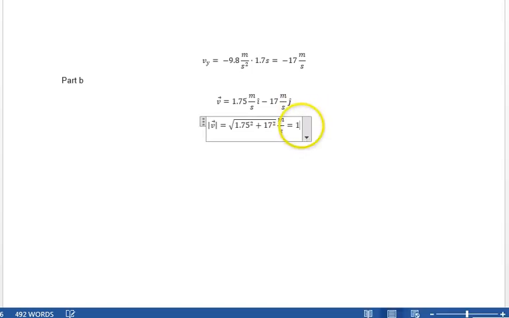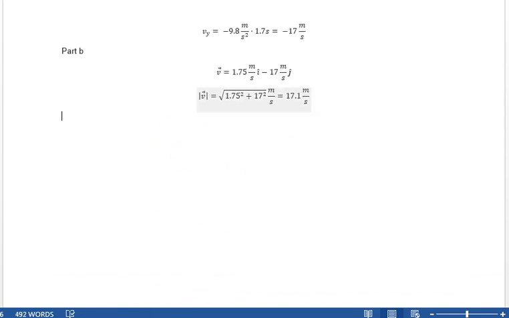I'll put in the 0.1, 17.1 meters per second. And the direction that it's going at. So it's going down 17 meters per second, and it's going this way 1.75 meters per second.